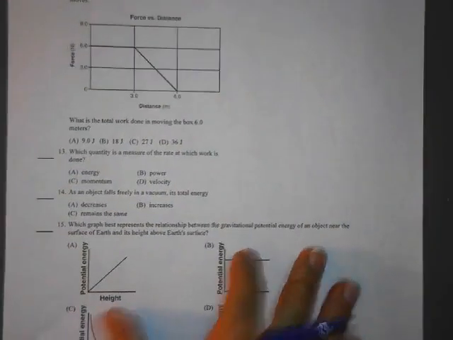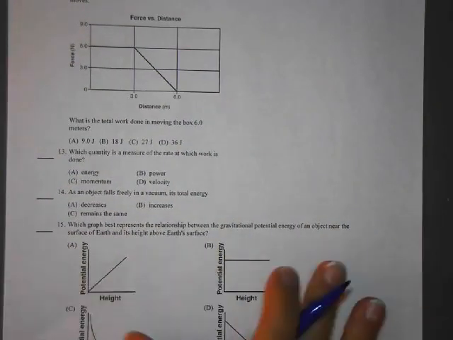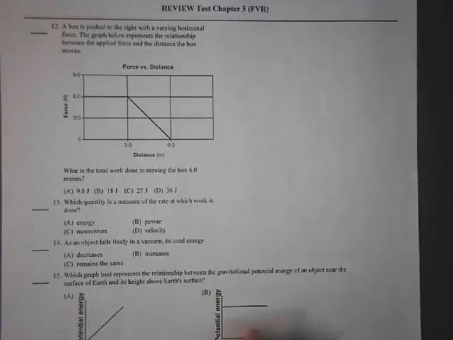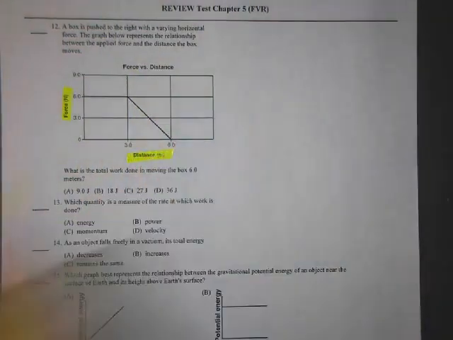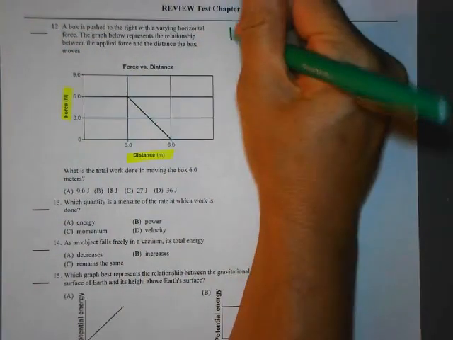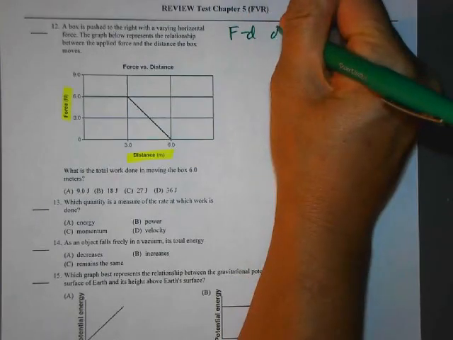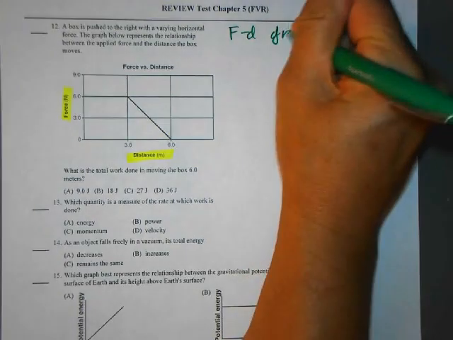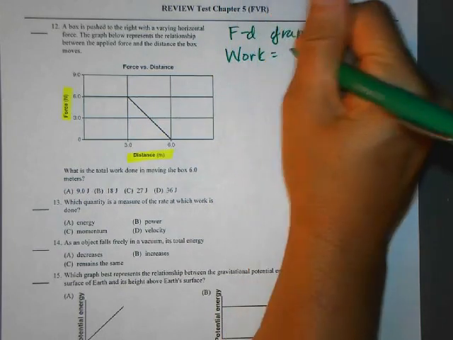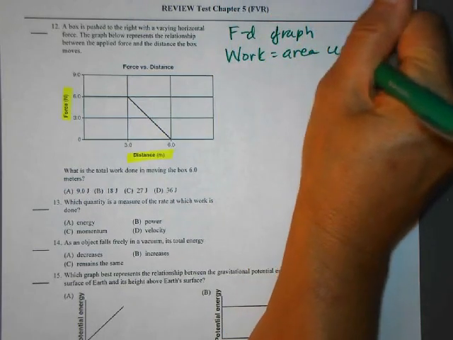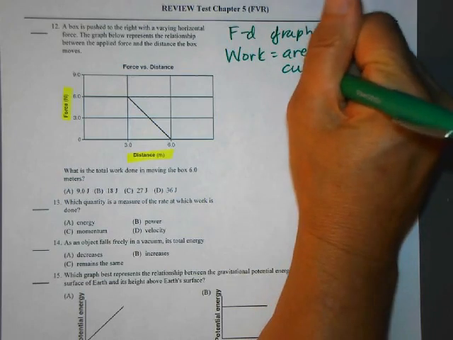All right. Number 12. So we have a force versus distance graph. So what do we need to know? We need to know that on a force versus distance graph, the work is equal to the area under the curve.